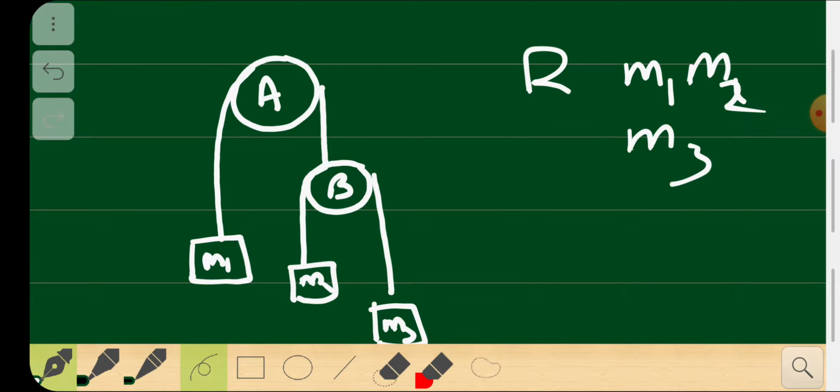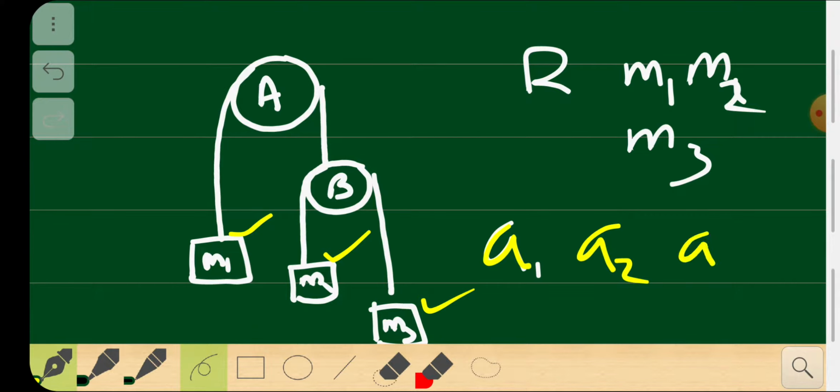And now what do I need to find out? I can find the acceleration of each of these masses. Let's say a1, which is the acceleration of m1, the first mass, and then you can calculate a2, which is the acceleration of the second mass, and then a3, the acceleration of the third mass.